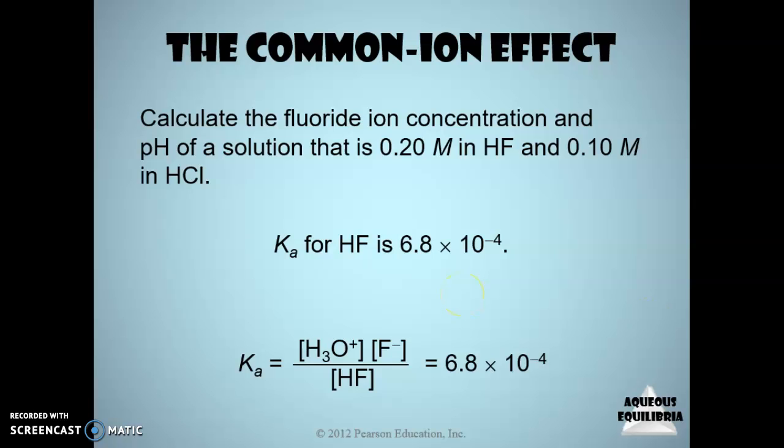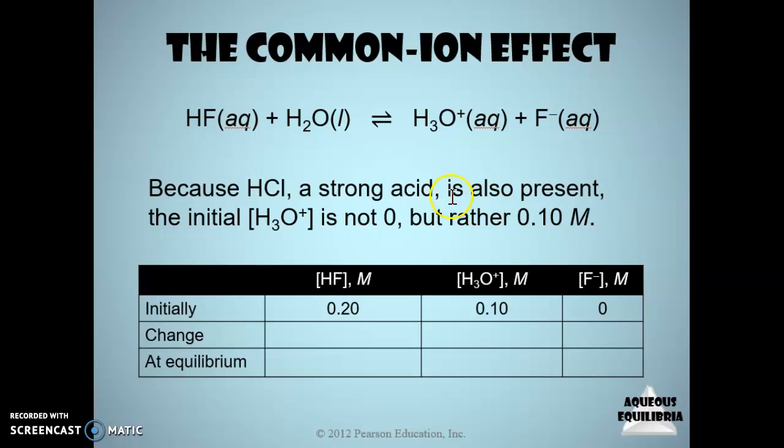All right, so you write out your equation: HF, H2O, H3O plus, F minus. It's going to be a little bit different though. When we do our ICE table, the initial concentration of the HF was 0.2, that was given to us. Our hydronium, this H3O plus, is not 0, because we had HCl in our container.